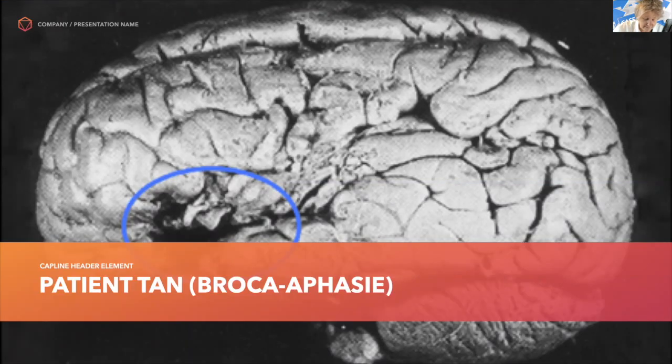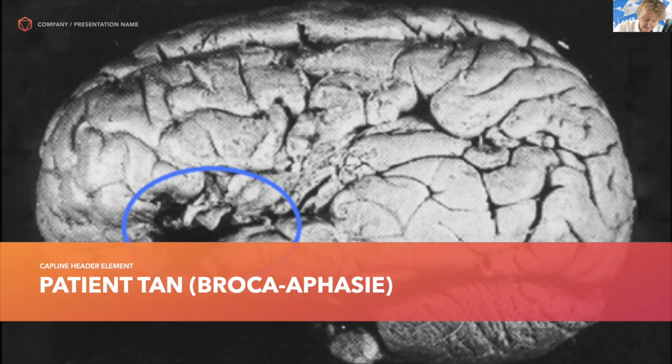In a case study, the French surgeon Paul Broca examined a patient who had extensive aphasia, a speech disorder, and could only speak the syllable "Tan". His patient was named after this syllable.